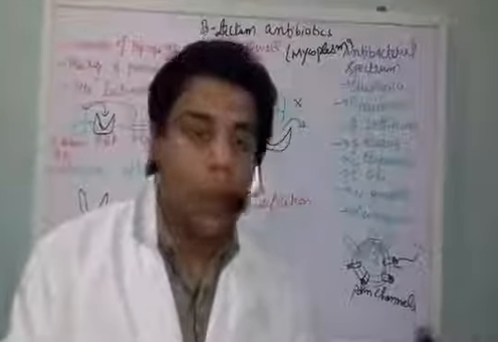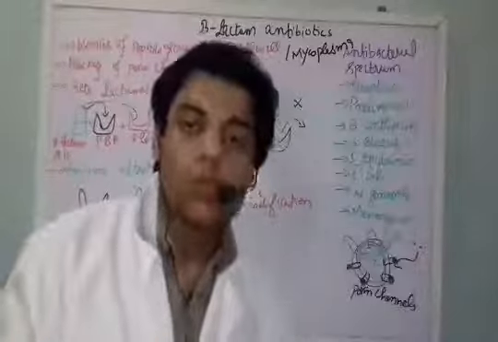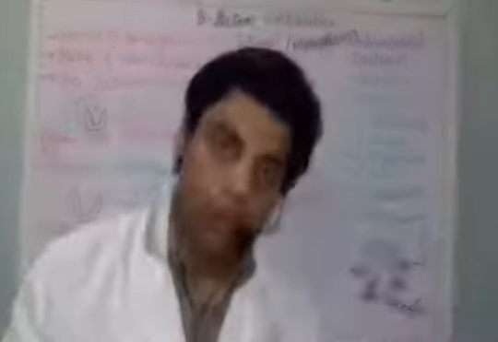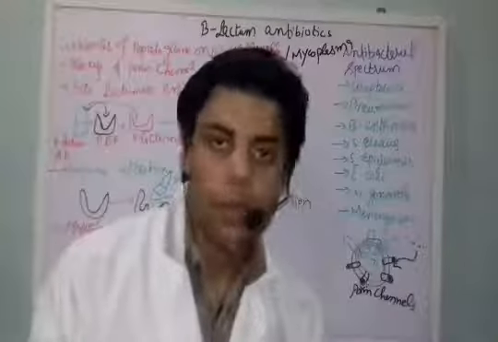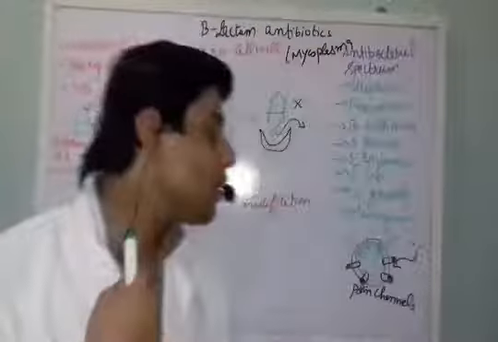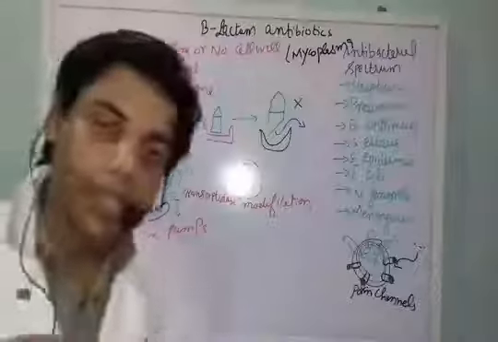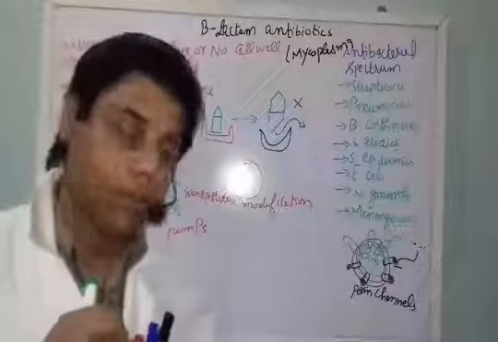Once the antibiotic gets out from the cell, how will this antibiotic perform its activity? The antibiotic will not perform its activity, and then the bacteria will again divide, multiply and survive. Right?